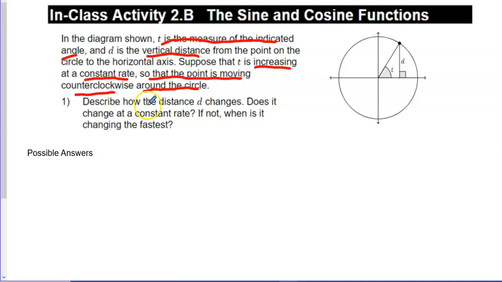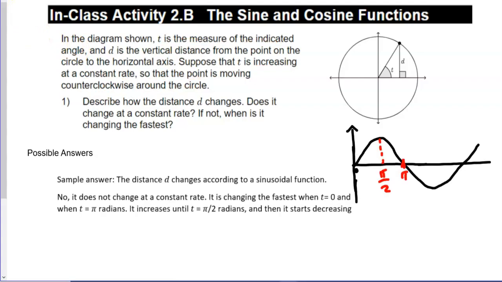I want you to pause the video, think about this question, and attempt it, and we will take it together. Answers to this question are going to vary, and this is a sample answer. d changes according to a sinusoidal function. It does not change at a constant rate. It is changing the fastest when t is equal to 0.